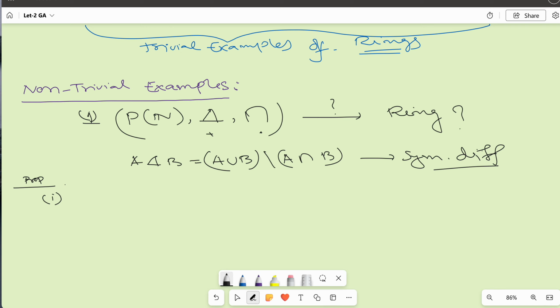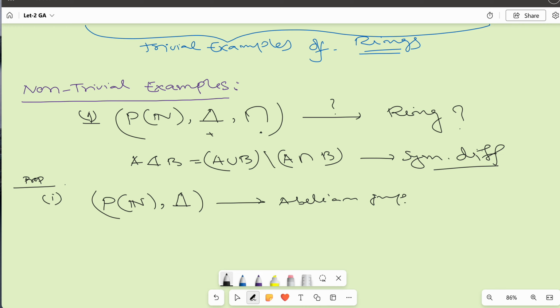Verify property 1. What is the first property? The power set of the natural numbers with respect to symmetric difference should be an abelian group. Everyone knows this is an abelian group. Why?